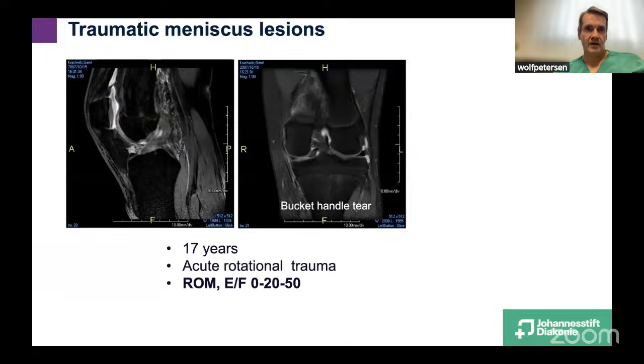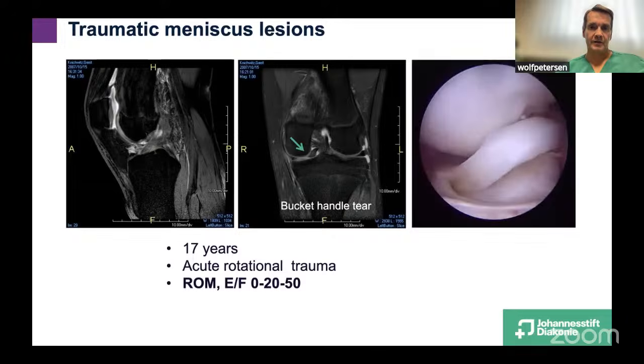This is another case, a traumatic meniscus lesion. In this case, the indication is clear. This is a bucket handle tear. You can see here the displaced meniscus fragment in the notch. Here's the PCL, here's the ACL. It was a combined ACL and MCL rupture. So here we have only pro criteria. The patient is pretty young, 17 years.